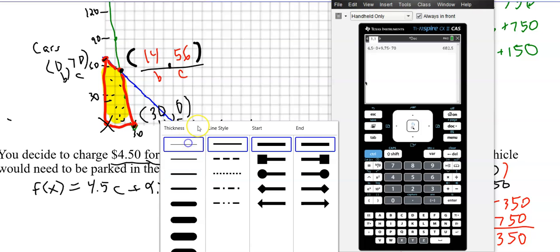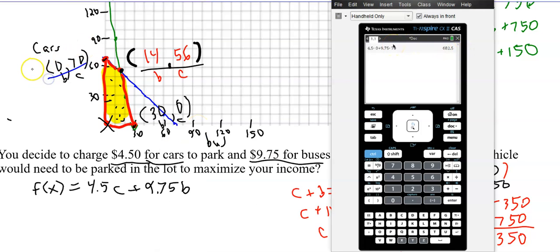Plugging in this point right here leads to a profit of 682.5.